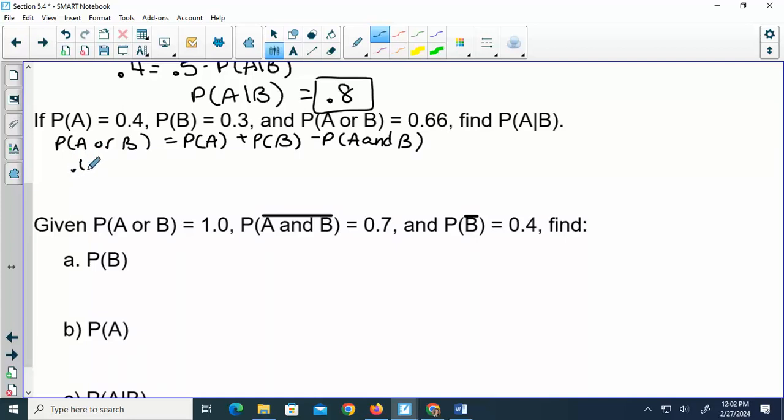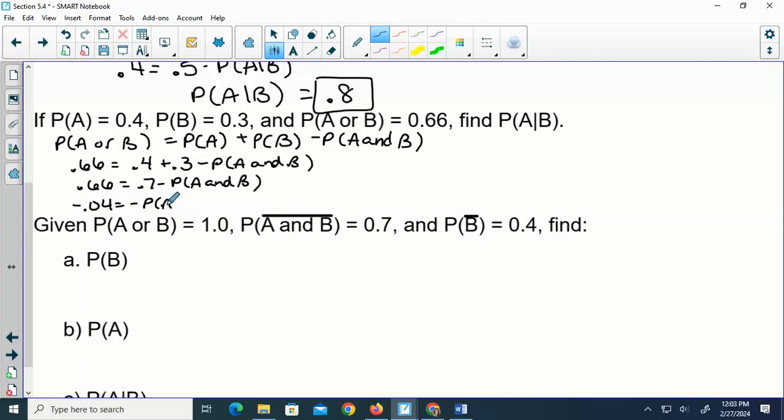We know A or B is 0.6. A is 0.4, B is 0.3. We subtract over the 0.7. Divide.